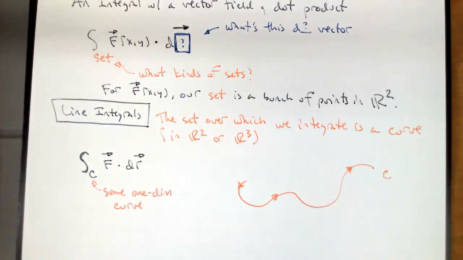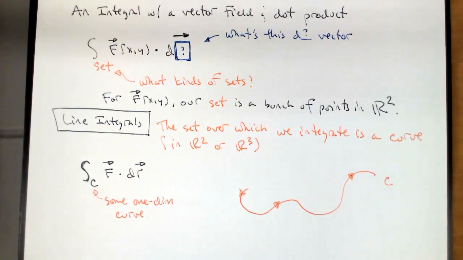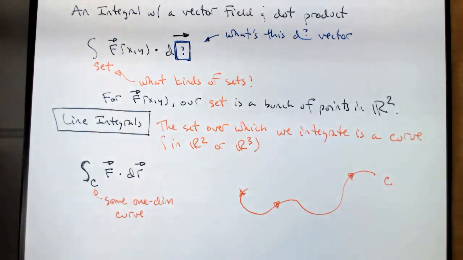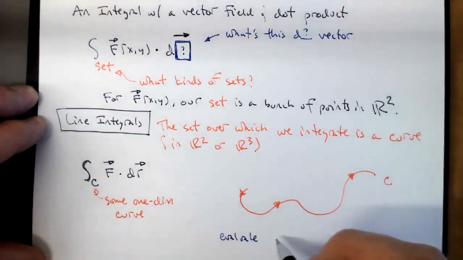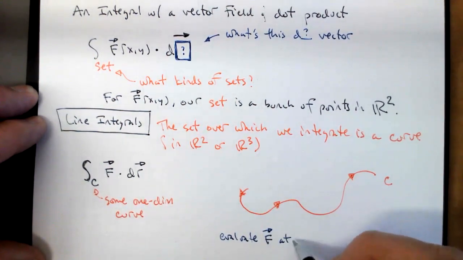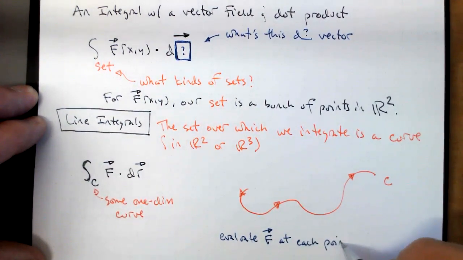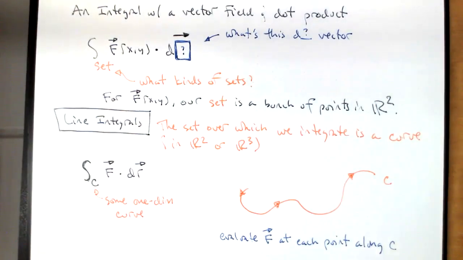Once we define a curve, either running through R2 like I have one here, or running through R3 like I have one here, if you imagine going up and down some, at each point along this curve, we can evaluate the vector field. This is how integration works.